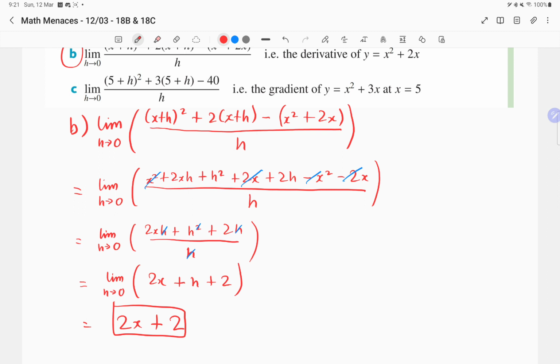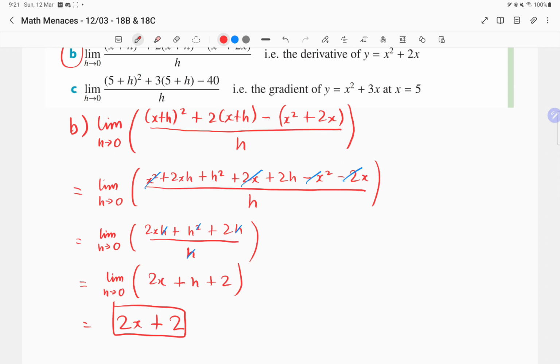Okay, Sarah, any question? It's best to rewrite all the terms first before you cancel it. So see that third line from the bottom there?